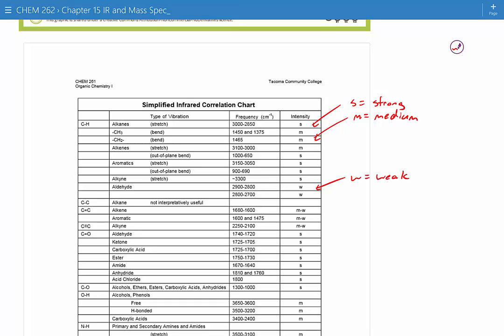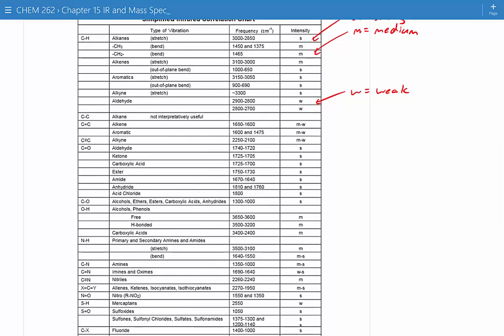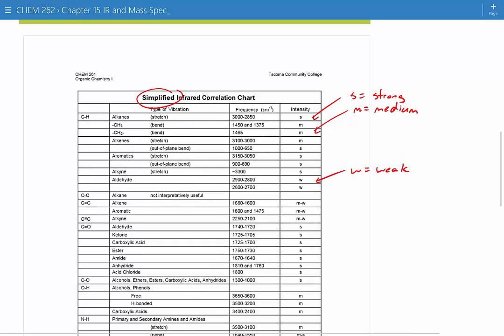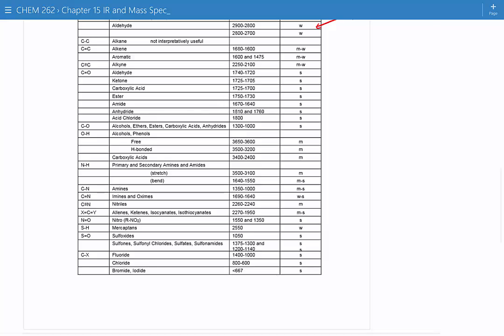You can use this chart to really try to narrow down the functional groups. One thing that I will say is that this is a simplified chart. This isn't all-inclusive. There are always exceptions to everything, so not absolute. There are different features in molecules that may change your frequencies to be a little bit different from these, but in general this is a really good guide to use.